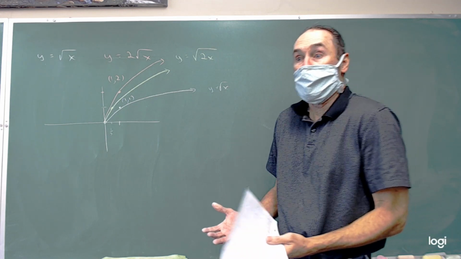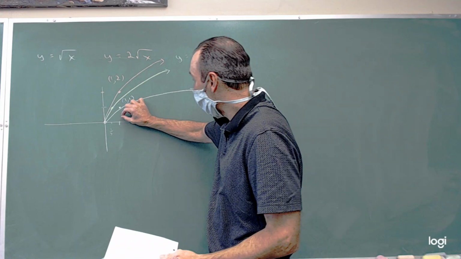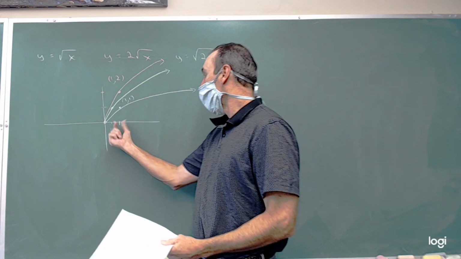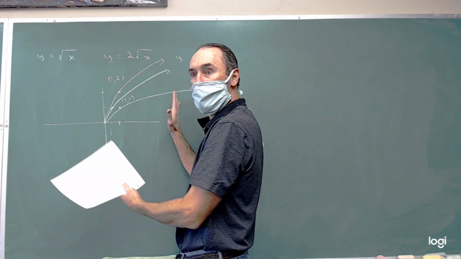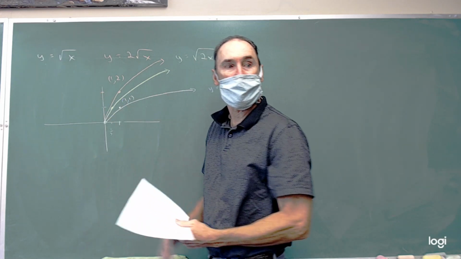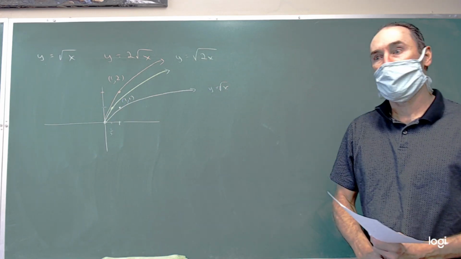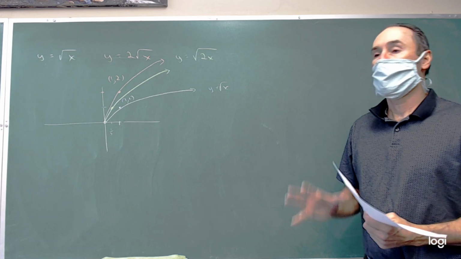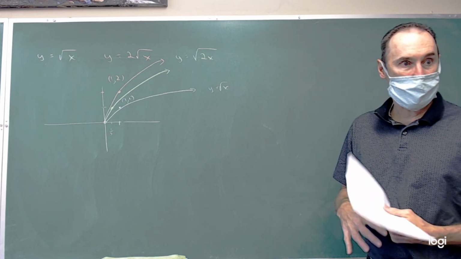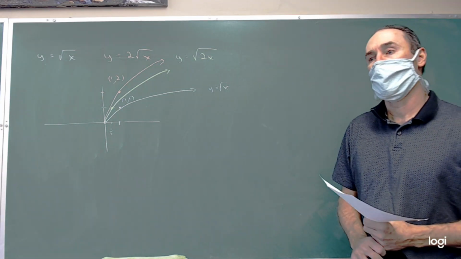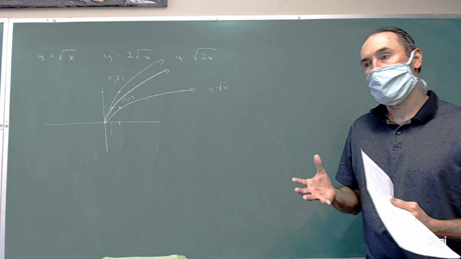Okay, because you could certainly look at that green function and say, oh, we must have stretched it vertically, but in fact what we did is try to push this over horizontally, and that I think makes it even more confusing. In not very long, we're going to start graphing some trig functions, sine and cosine, and I think there it becomes much more clear.